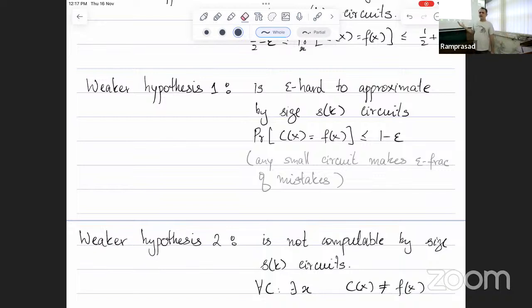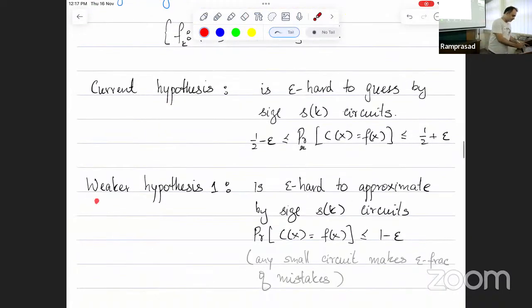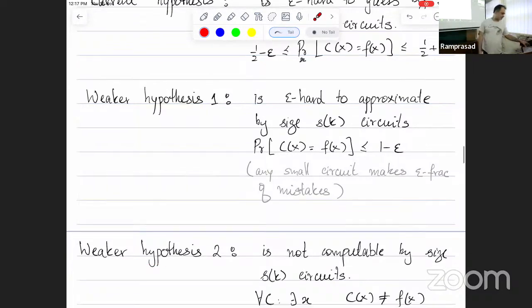Okay, and at the moment I know I can get the Nisan-Wigderson conclusion if I assume the strong hypothesis. Now, what I want to know is, can I get the same conclusion if I assume this, for instance? Or this? Those are the sort of statements we are going to try and move towards.